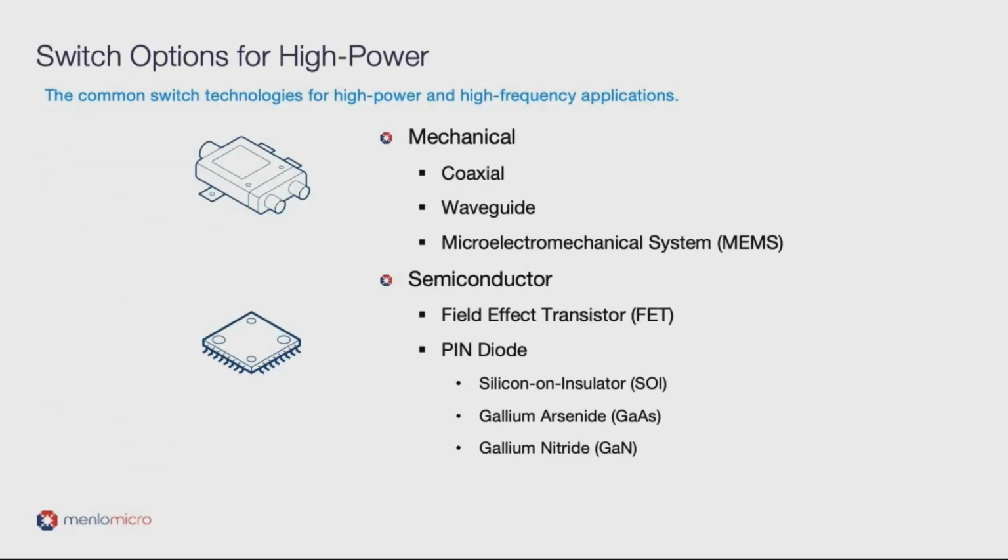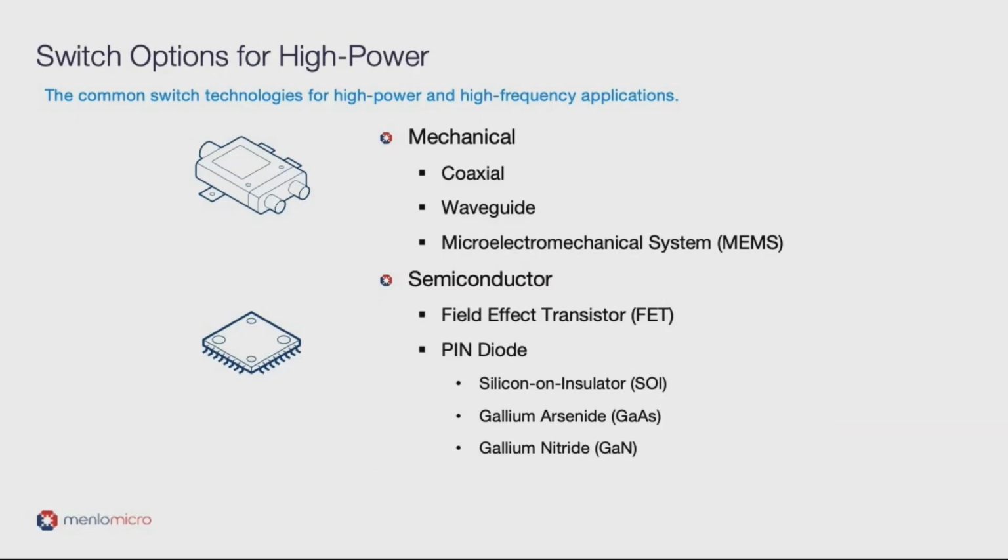As an overview of what different switch technologies are available for high-power RF, there are two main categories of switches. One will be mechanical switches. Those include coaxial, waveguide, and microelectrical mechanical system, or MEMS. And the other category will be semiconductor switches.